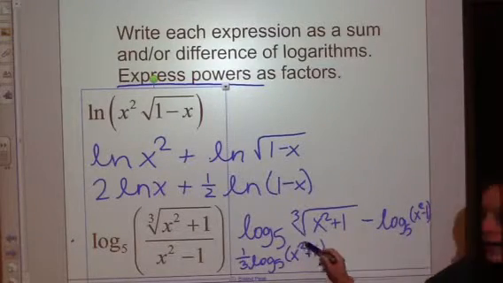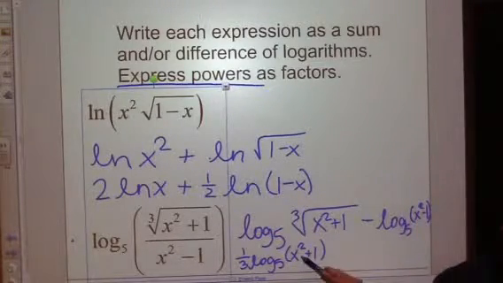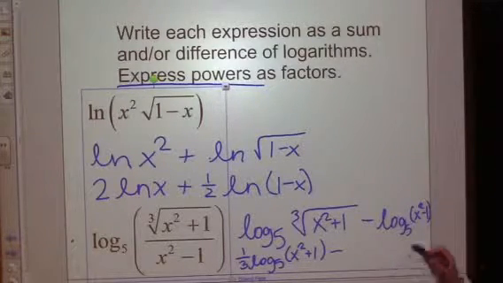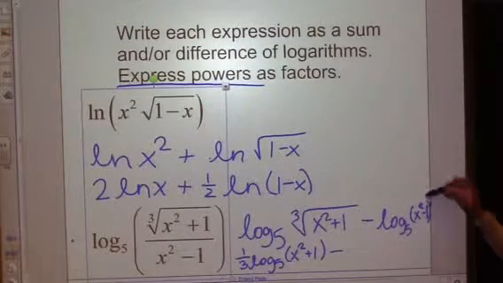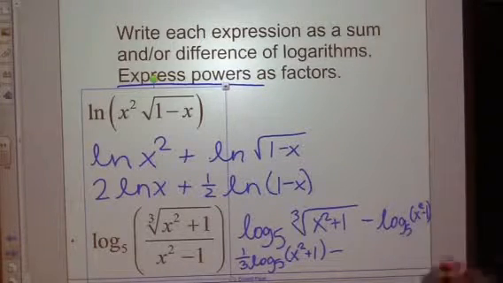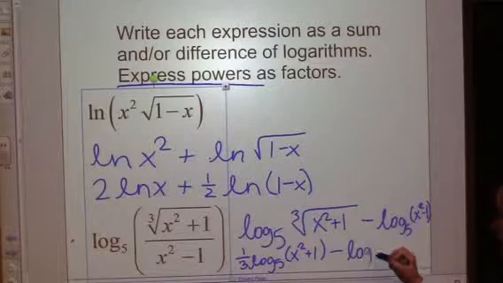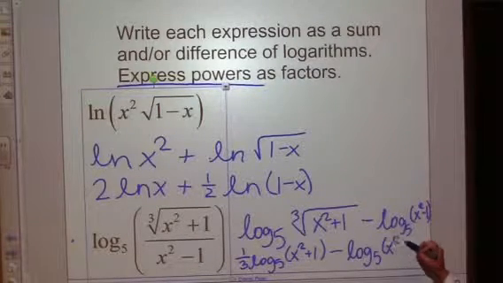The squared cannot move out in front because it's only on the x, it's not on this whole quantity there. Minus, here we have x squared minus 1. That squared cannot move out in front because it's not on the 1, it's not on the whole quantity. So you still get log base 5 of x squared minus 1.